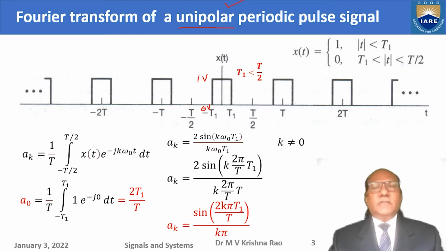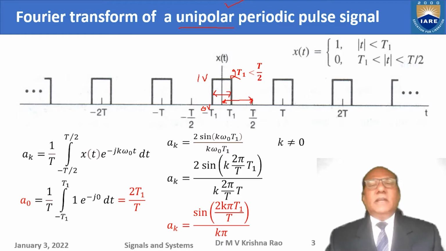Let us consider the first unipolar periodic pulse. Why this is called a pulse is, here the on period is 2t1, and 2t1 is less than T by 2. That means the on period is less than 50%.